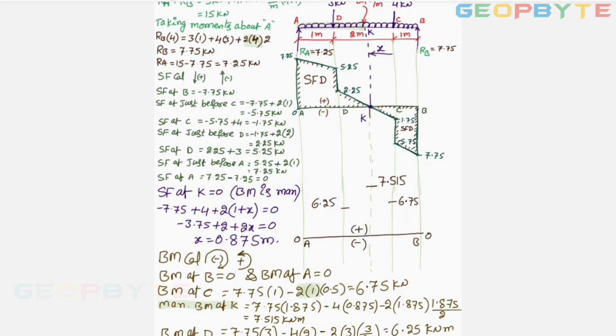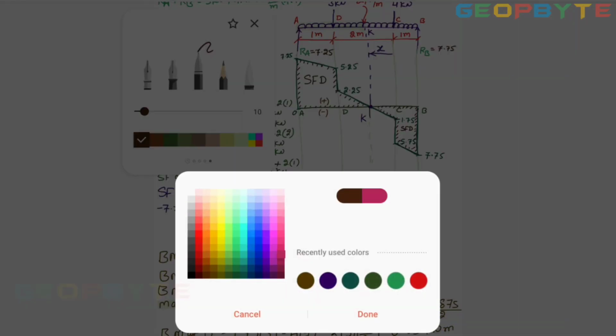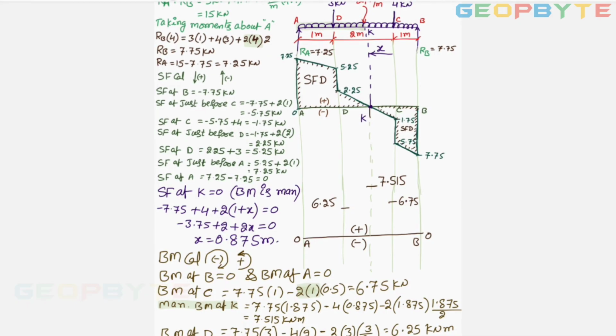Now the entire beam is having the UDL, therefore the entire BM diagram is with the parabolic variation. Start from B like this.